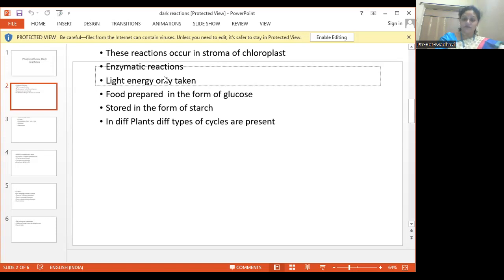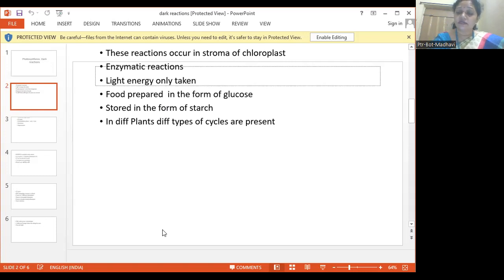But here the stored food material will be in the form of starch molecules, which can be stored for a long period of time and reutilized at any time by the plant body for all its mechanical purposes. So food is prepared and energy is consumed in this process.